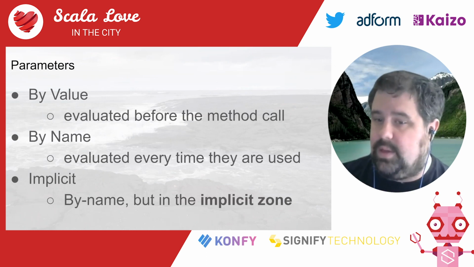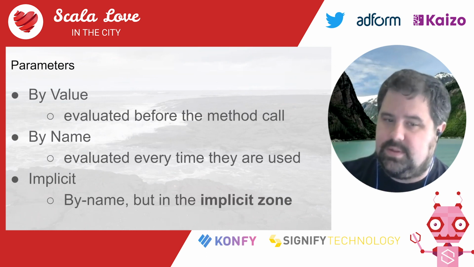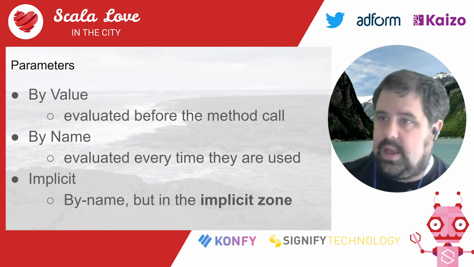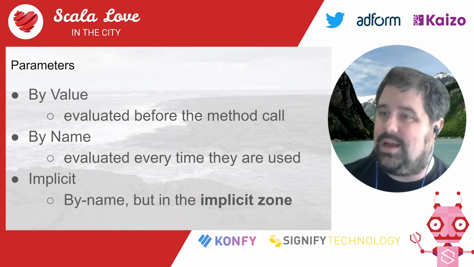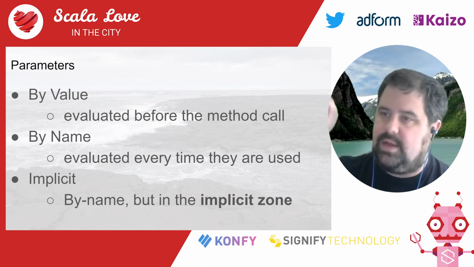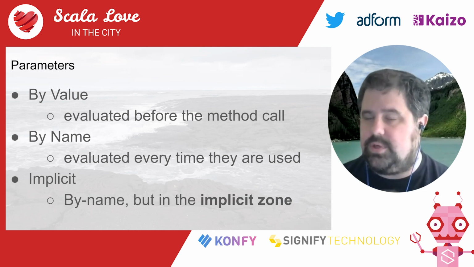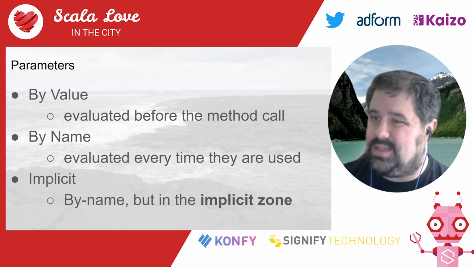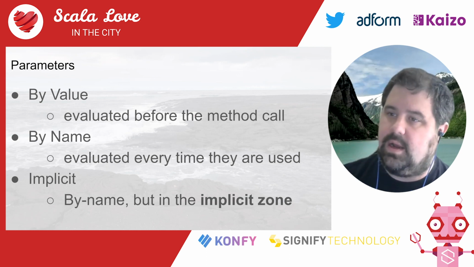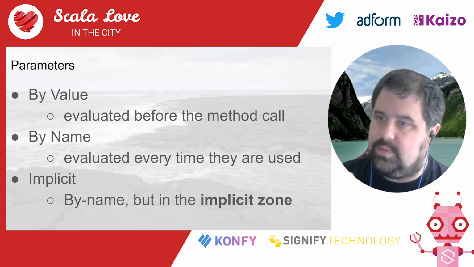So in Scala 3, we have three different parameter types. We have by-value, where I can evaluate values before a method call, and in the inline sense, I will evaluate and then write my code directly leveraging that value. We have by-name, which are evaluated every time they're used, and this is done via constructing lambdas or thunks, if you will, that will reevaluate the thing every time you reference it.